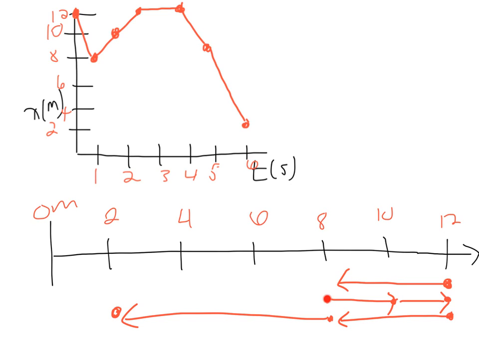So 2 meters per second down on the motion map. Between 3 and 4 seconds, I stop. My position does not change. That's what these two dots here show. One underneath the other indicates a stop. And then finally, we already looked at between 4 and 5, the negative 4 meters per second. And then we go from 8 meters to 2 meters in 1 second. So this would be negative 6 meters in 1 second.